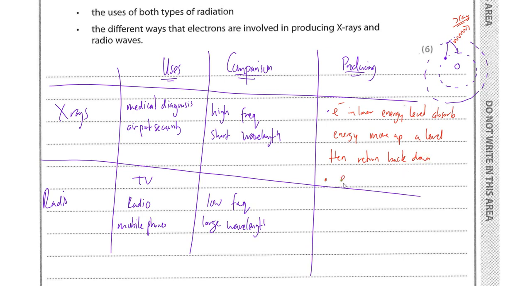The electron loses that energy in the form of, let's say, X-rays here. So the X-ray is very high energy in this particular case. We're going to keep it there.